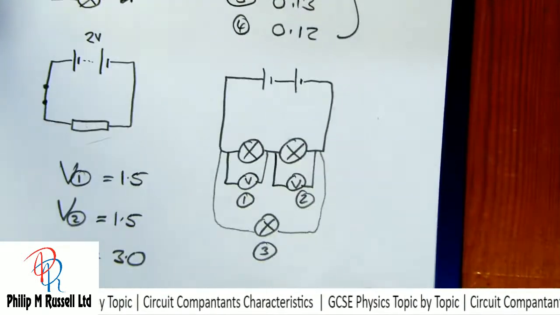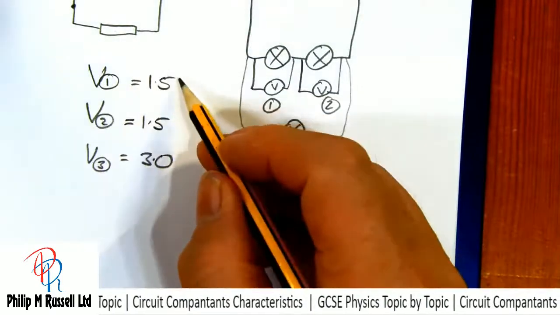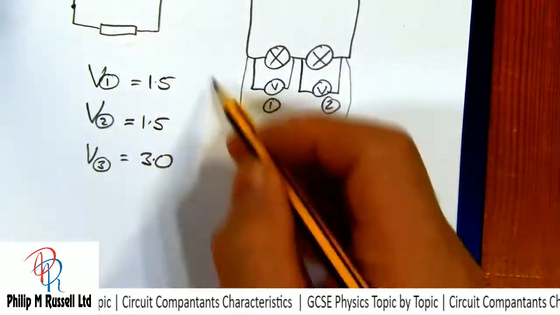So here are my 3 values. What are we seeing altogether? In a series circuit, when electricity travels round through the series circuit, we're getting the voltage being split. Let's look at this.